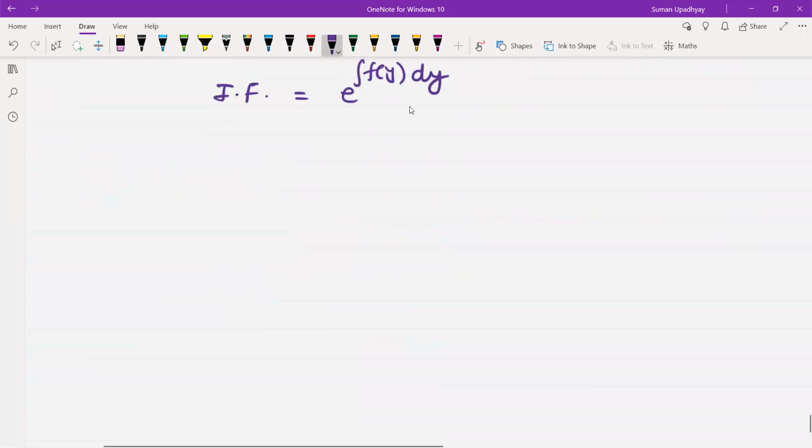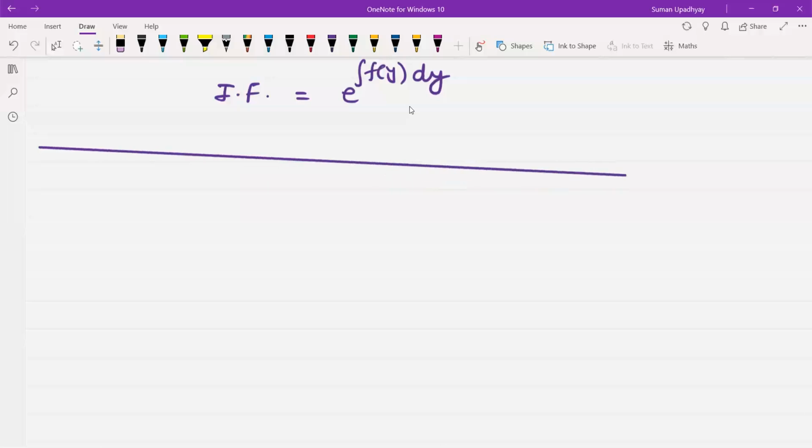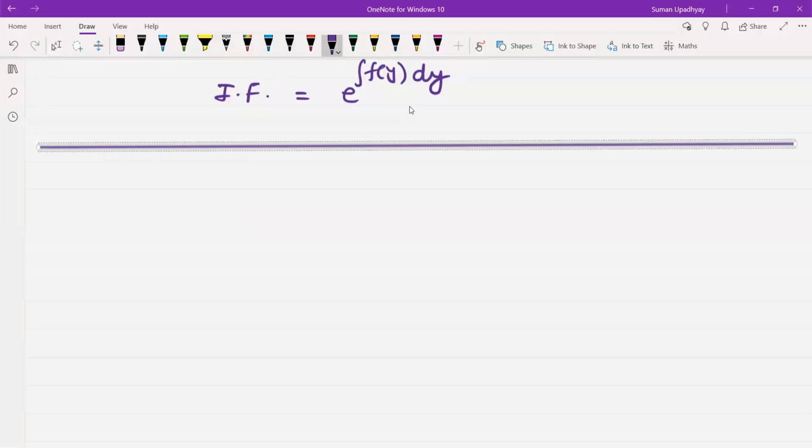So let us start with the problem, kids. I'll be explaining one problem, and from the next problem onwards you're going to do them on your own.